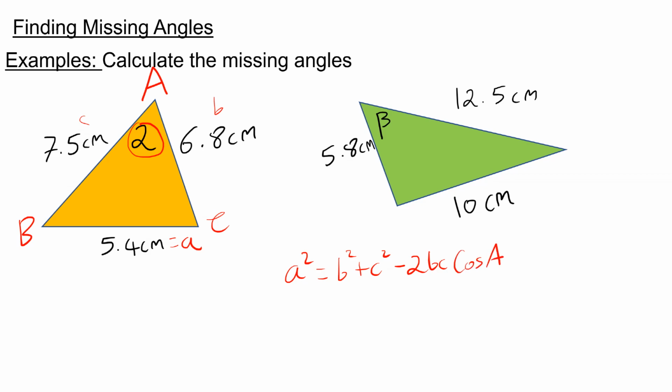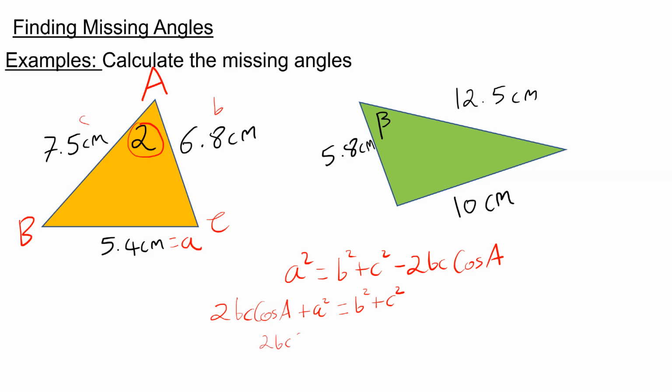But we don't use it in this form if we want to find the angle. What I need to do, I want to get cos a on its own. So the first thing I'm going to do is add 2bc cos a to both sides. So I get 2bc cos a plus a squared equals b squared plus c squared. I'm now going to subtract a squared from both sides.